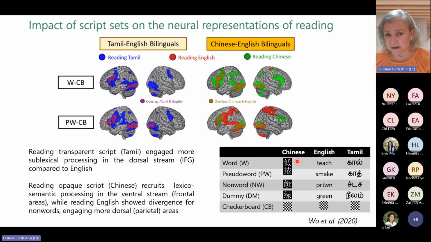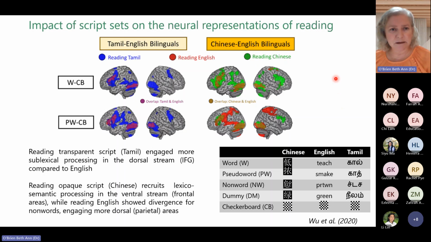It was actually a passive reading task, so they would read a set of words or pseudo words, and we also had other conditions to do some contrasts. And then every so often they would see a word that's a color, like green would come up, so they had to tap a response key. That was just to make sure that they were processing the words for meaning, that they were actually reading the words. So that was the setup of the study.